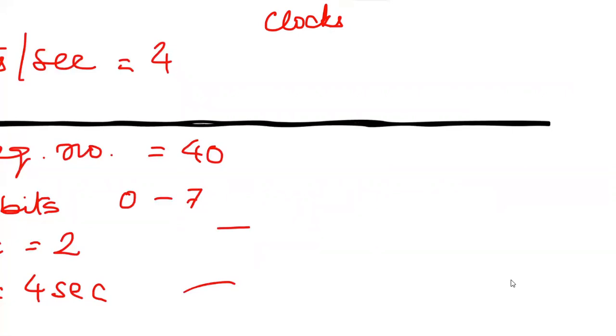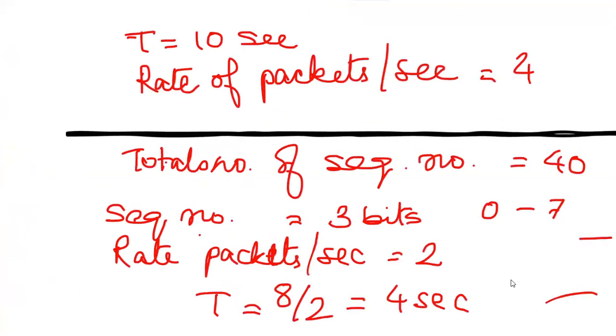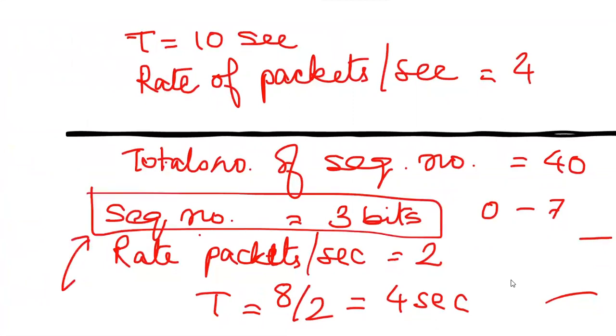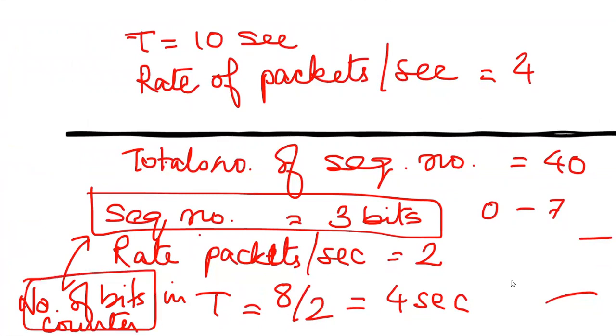So the number of bits of the sequence number, what we had looked at, and the number of bits in the counter must either be the same, or the counter must have greater or equal number of bits than the sequence number.